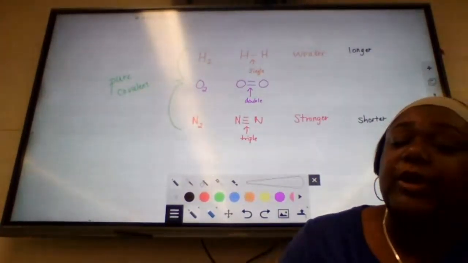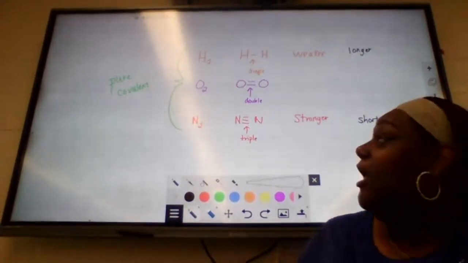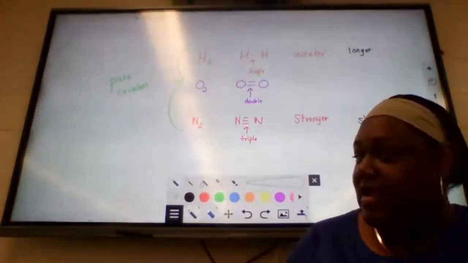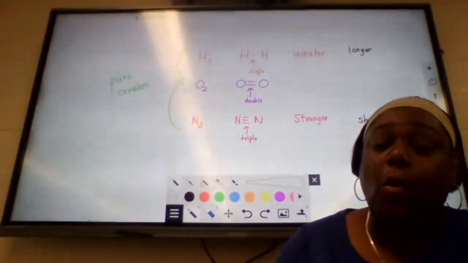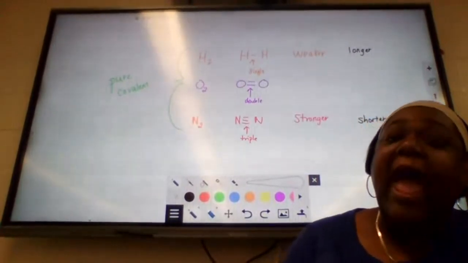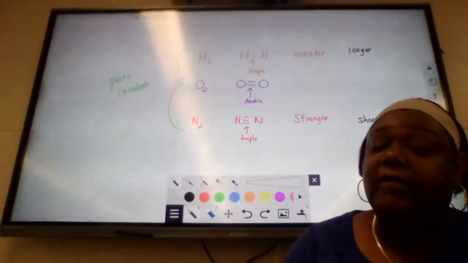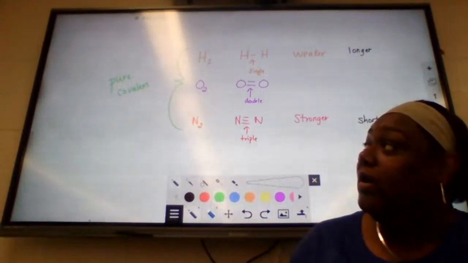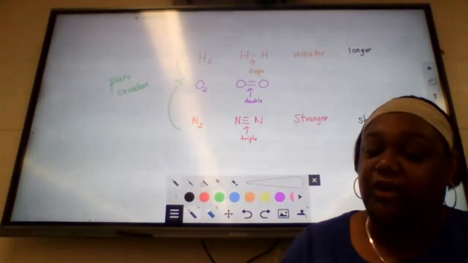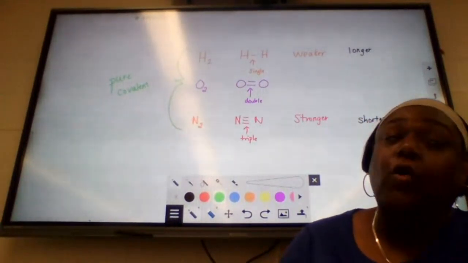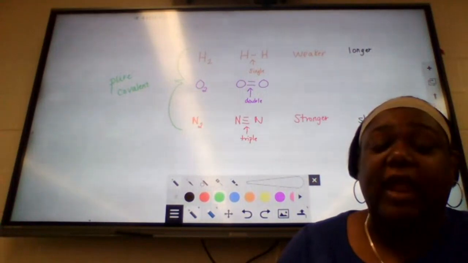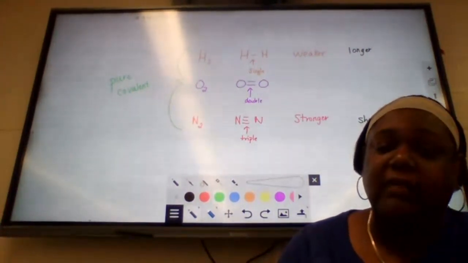They're being shared evenly because those 2 atoms are the same, so they have the same pull on the electrons. However, we can have a sharing situation where our electrons are not being shared evenly. Those kinds of bonds are known as polar covalent bonds.